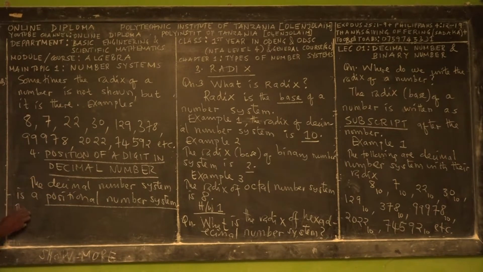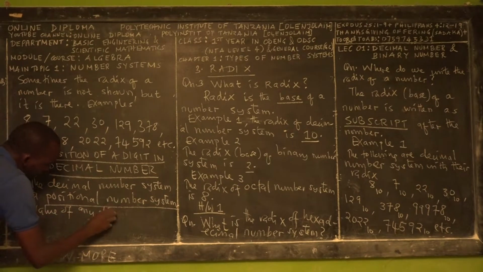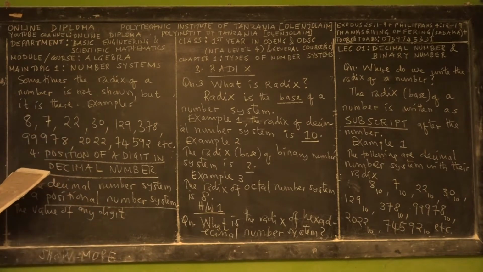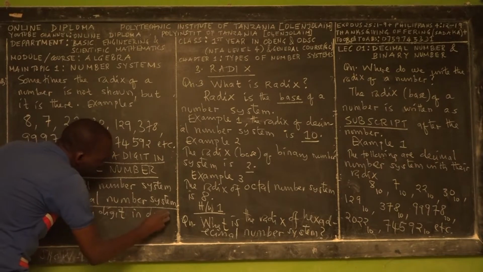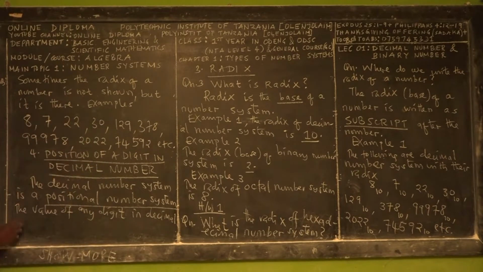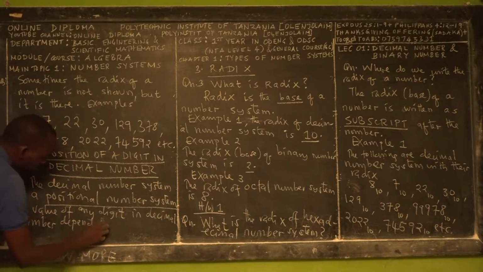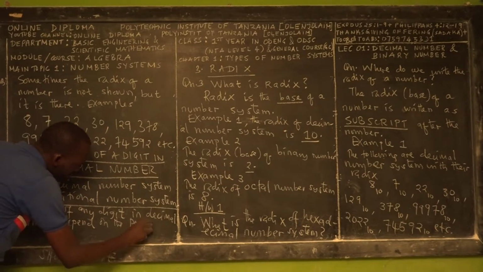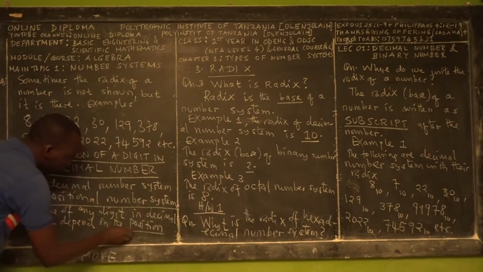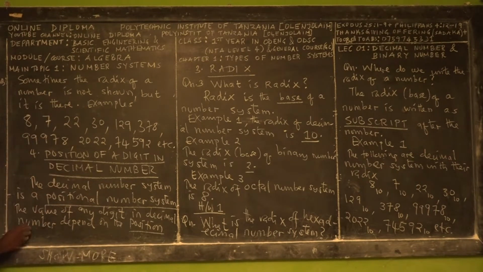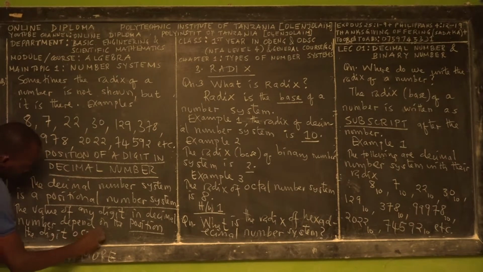The value of any digit in a decimal number depends on the position the digit occupies.